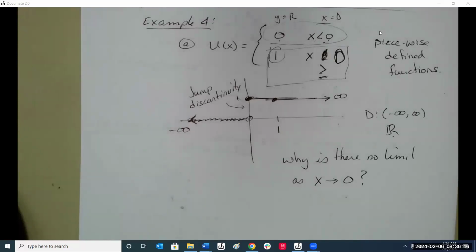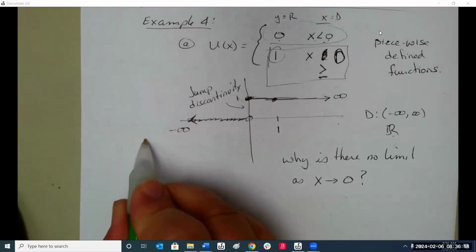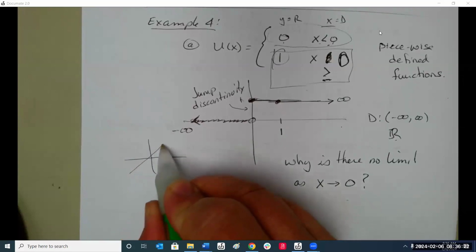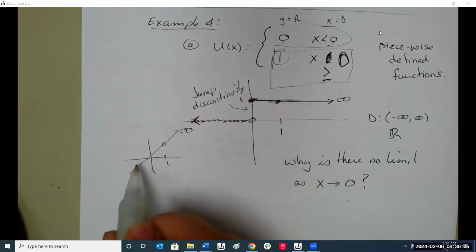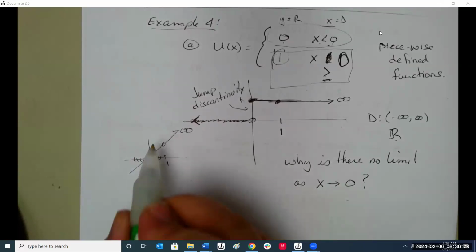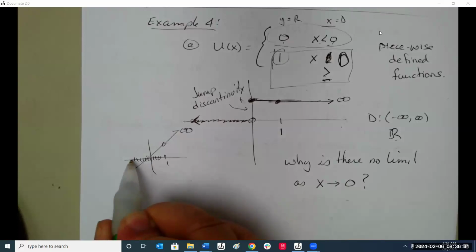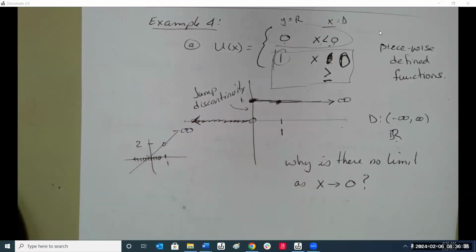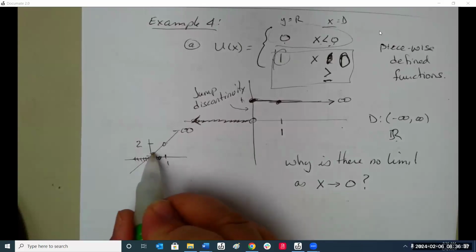Very good. Exactly. In the first example, as we were coming from the left side, as x was approaching 1, the y values were going to 2.